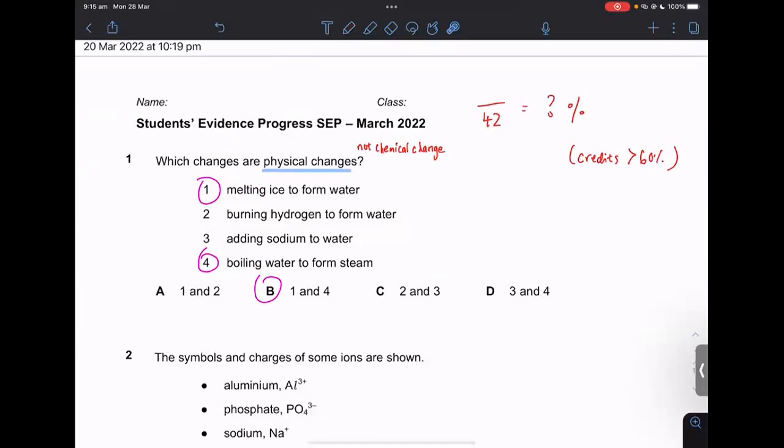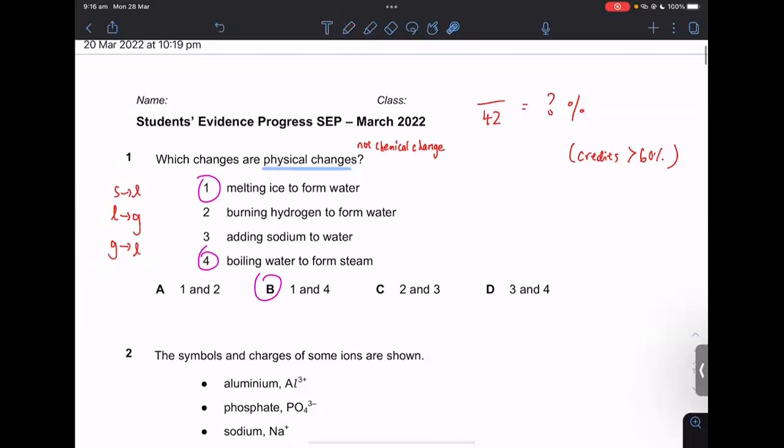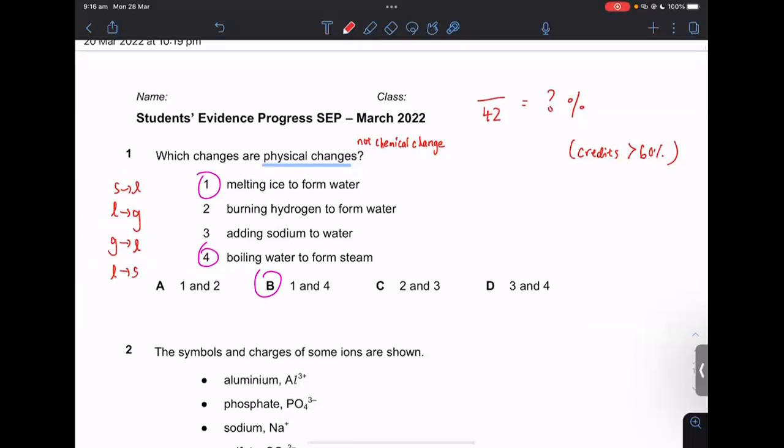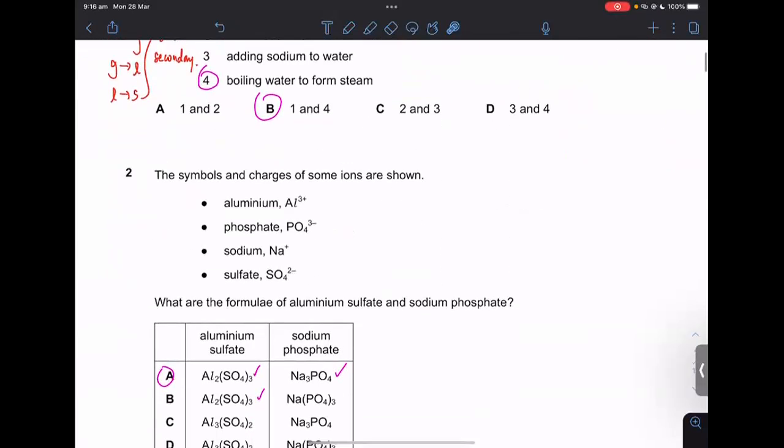Other physical changes include solid going to liquid is melting, liquid going to gas is boiling, gas going to liquid is condensation, and liquid going to solid is freezing. These are all lower secondary science. These are all primary school science, and you have just learned in the context of physical changes in year 10. So the answer must be B there.